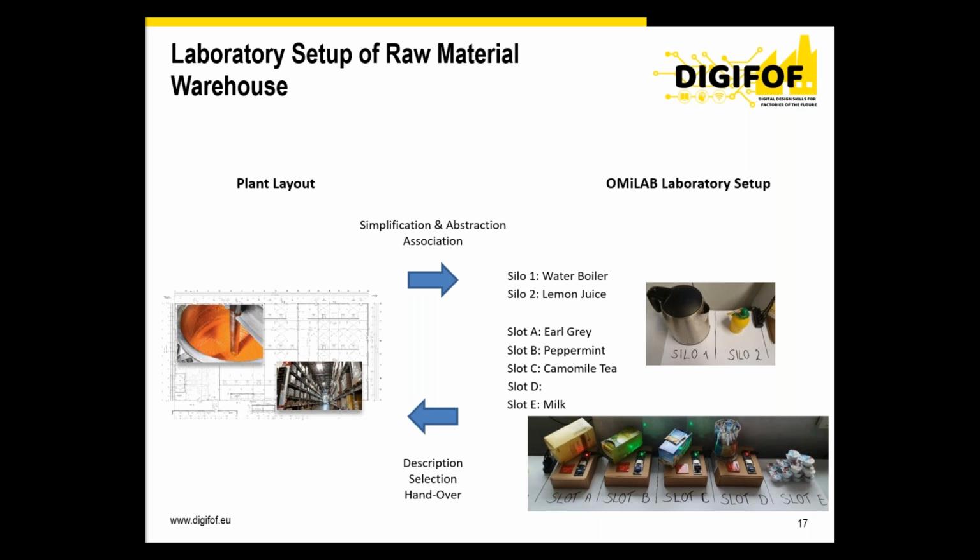Water and C material is stored in silos for our example, and the introduction of slots for B material allows us to abstract from the real world to our laboratory setup, and our experiment slots are equipped with RFID readers, as you can see on the picture on the bottom.